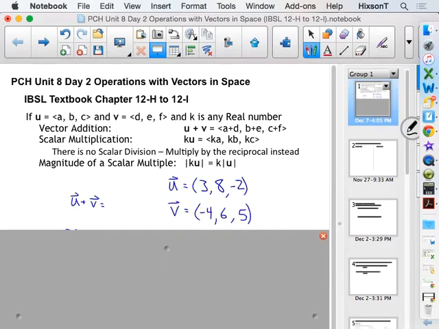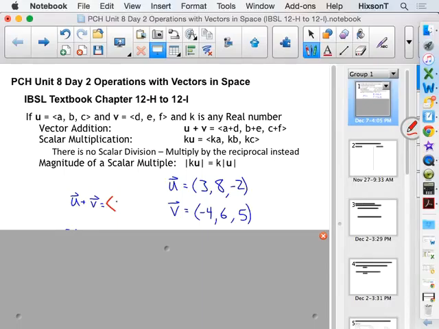We have vector u is 3, 8, negative 2. Vector v is negative 4, 6, 5. And first of all, I want to just add those two vectors together. So, what would u plus v equal? Negative 1.